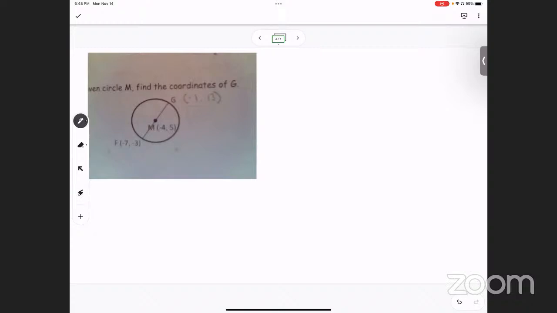So let's call this A and that B, or you could say X and Y. Let's go with X and Y, because that's usually what we do. So if that's X and Y, then you know the midpoint formula says that -7 plus whatever X is, divided by 2, and -3 plus whatever Y is, divided by 2, is going to give you your midpoint.